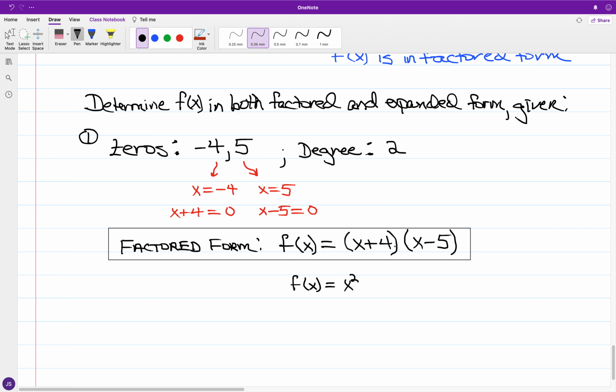Outside product, x times -5, so we have -5x. Inside product, we're going to have 4x. Last product, 4 times -5, so this would be -20. And as I combine the like terms with -5x and 4x, we're going to have the expanded form of this same polynomial function.